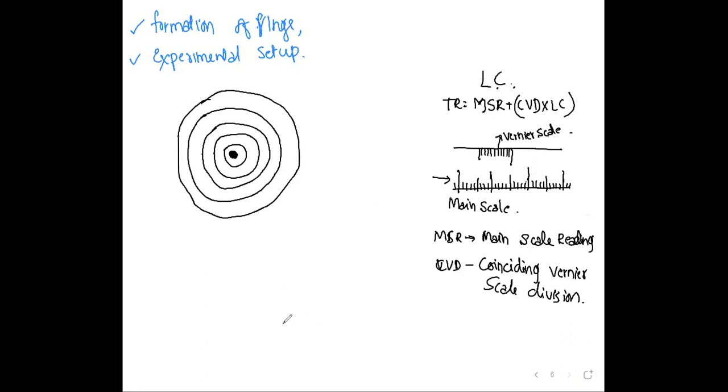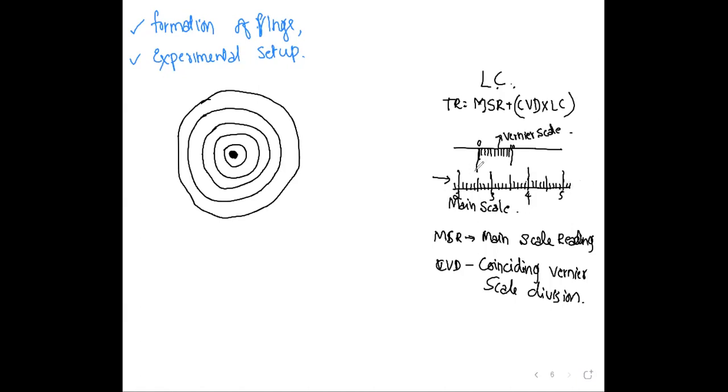For example, here is a scale. This is our 0th line, and this is our 10th line. It will be something like this, and here 2 is there, then 3, 4, 5, and so on.